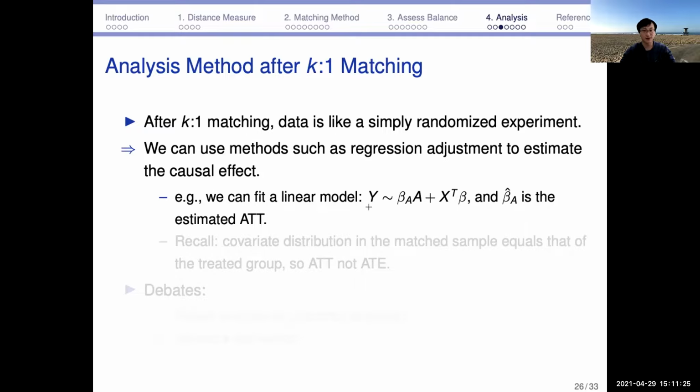For example, if we fit a model with A and all the covariates, or maybe some of the covariates, it doesn't matter. As we've shown, the functional form for this part does not matter when doing regression adjustment for randomized experiments. So in this case, beta A hat would be the estimated ATT.